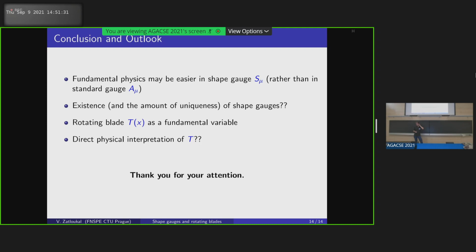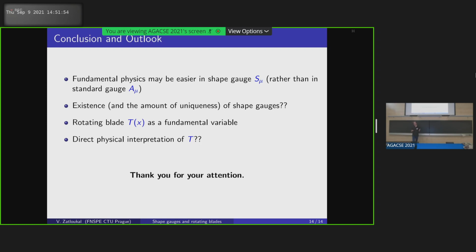Indeed, this rotating blade variable would be considered a really fundamental variable for physics, because this is what things eventually boil down to. It would be nice to have some direct physical interpretation of this capital T, if there is one.